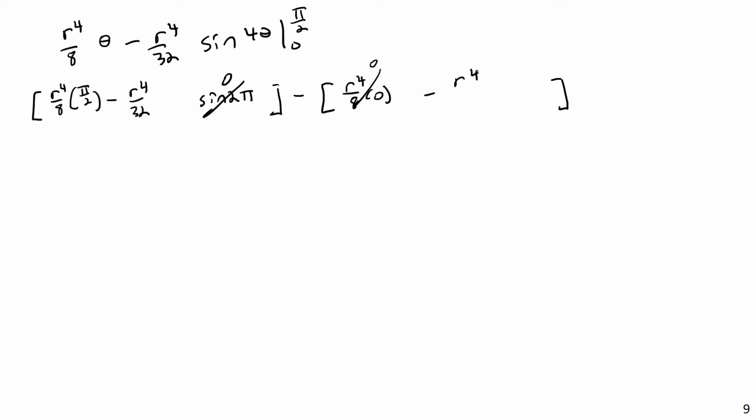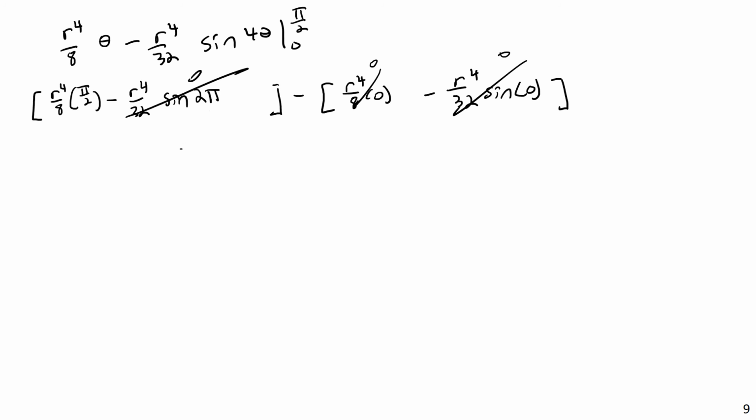And then r to the 4th over 32 times the sine of 4 times 0, which should of course surprise no one, is equal to 0. So this whole thing is equal to 0.